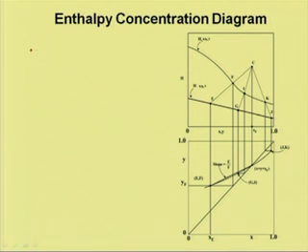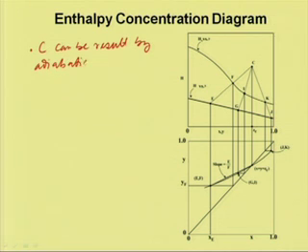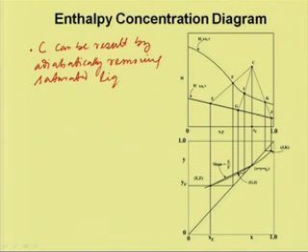So, consider C can be resolved by adiabatically removing saturated liquid, that is at point E, from saturated vapor F, which is shown over here.